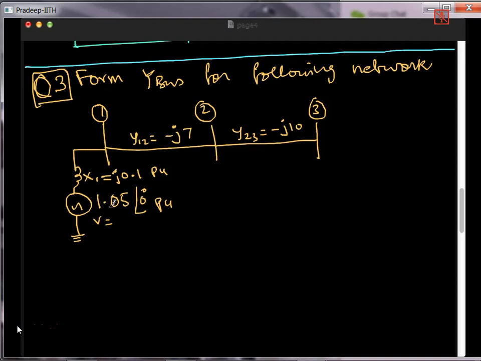So how will you solve this? In fact, I can also add one more reactance here. Or, okay, let me just not worry about that now. Just how will you solve this?